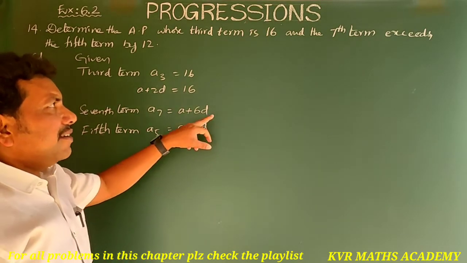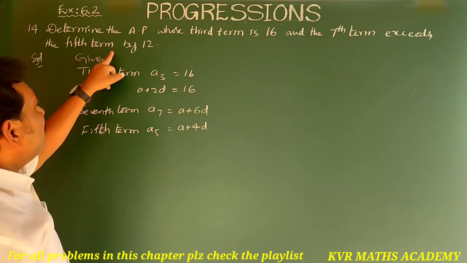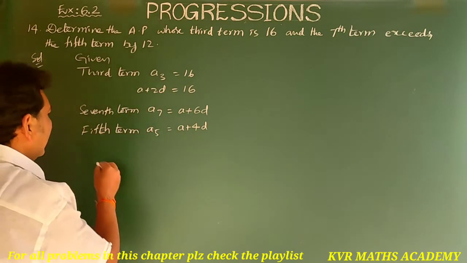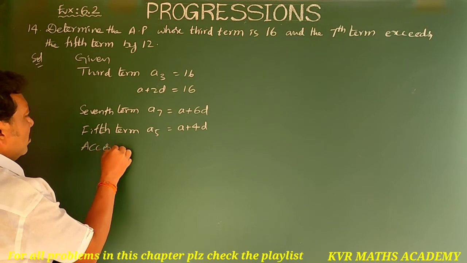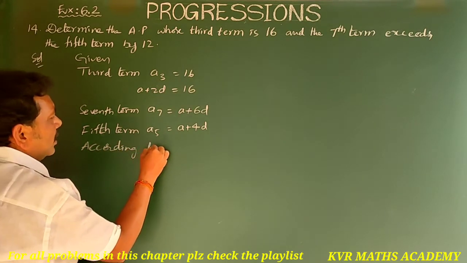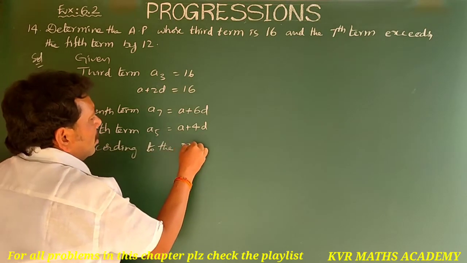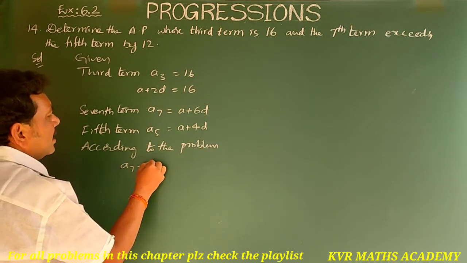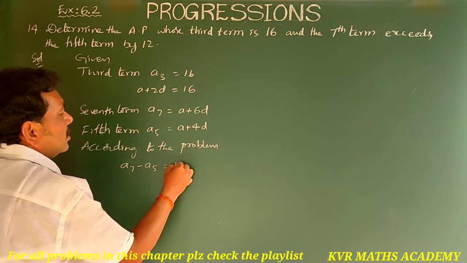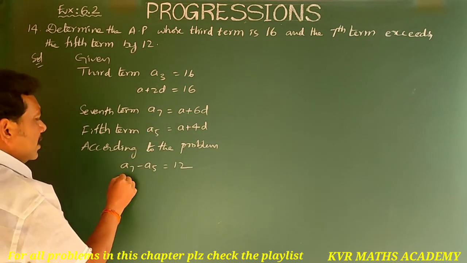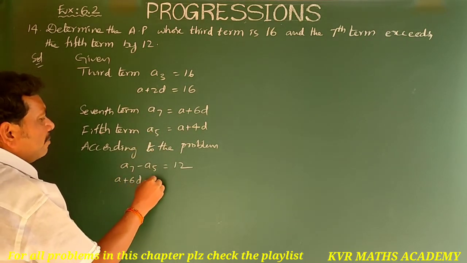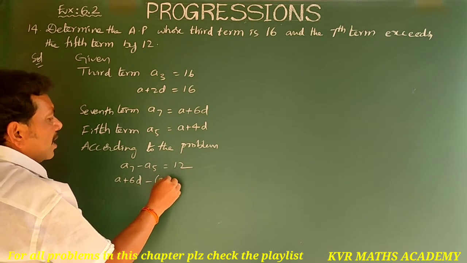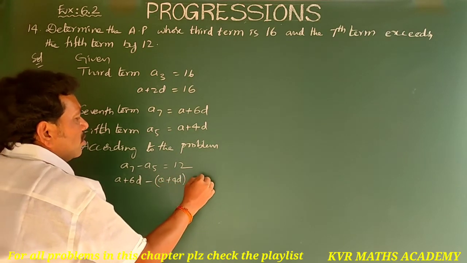According to the problem, the 7th term exceeds the 5th term by 12. So a_7 minus a_5 is equal to how much? 12. a_7 is A plus 6D minus a_5 which is A plus 4D, is equal to 12.